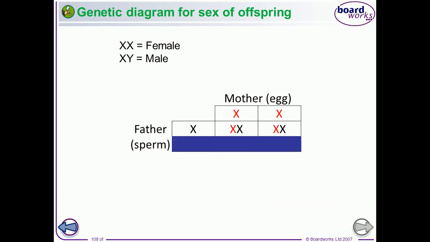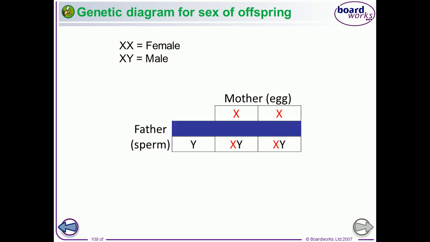Now if you look at combinations, if the father's sperm contained X, the mother's egg only contains X, and therefore it can't change the sex of the offspring. If the father's sperm contained Y, again the mother's egg contains X sex chromosomes, and so it can't change. It could only end up producing offspring that are XY in terms of their sex chromosomes.